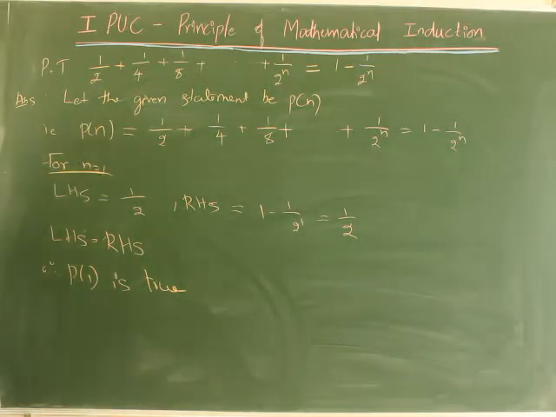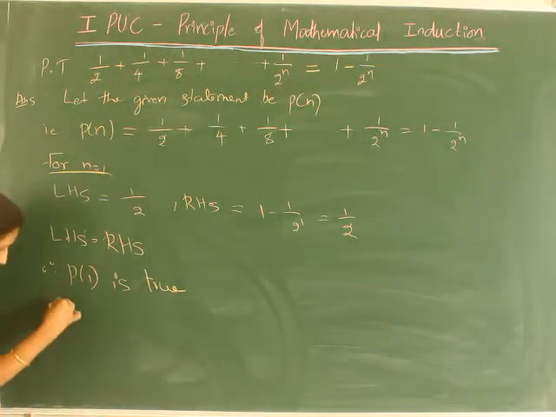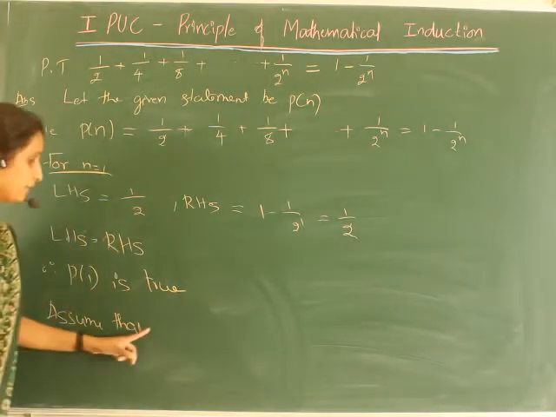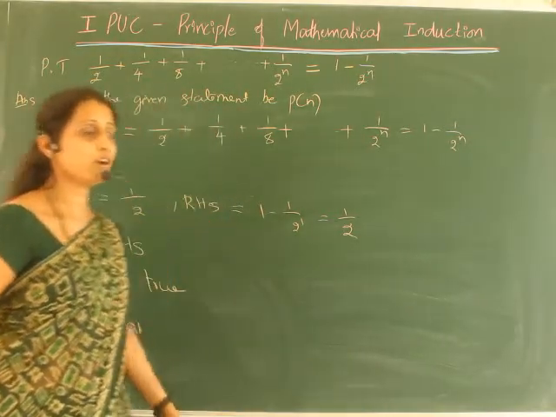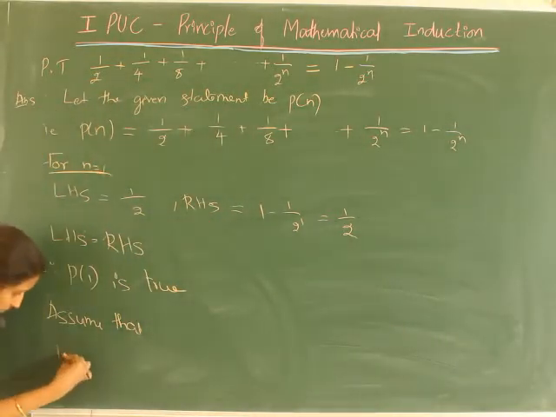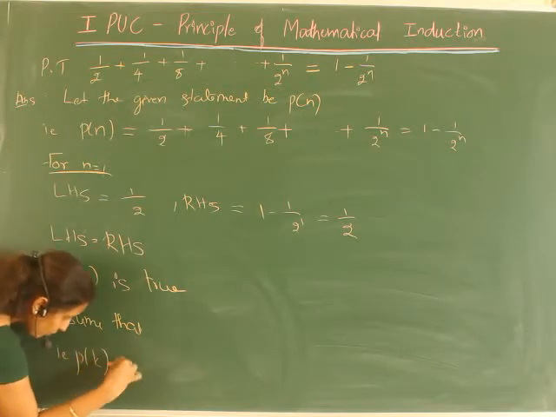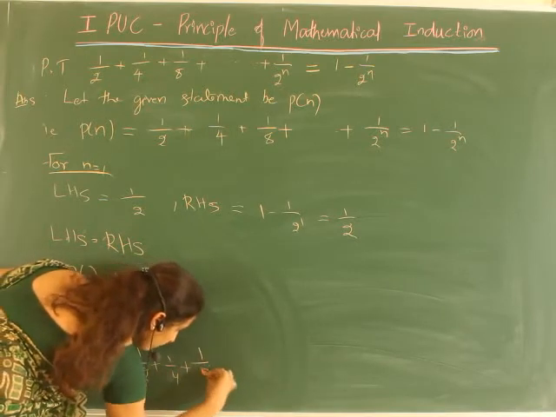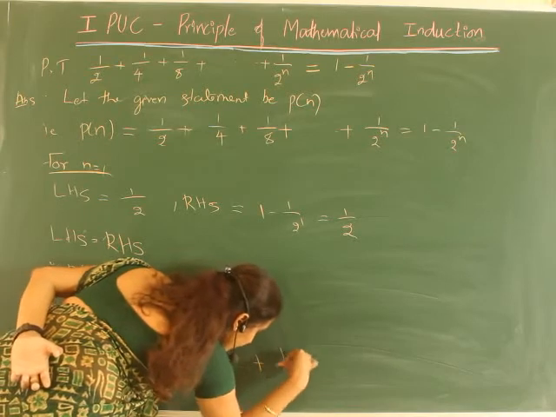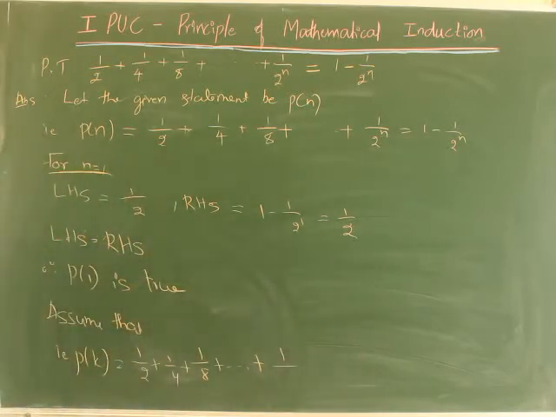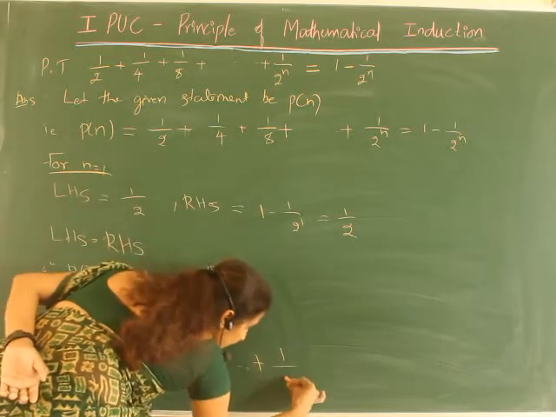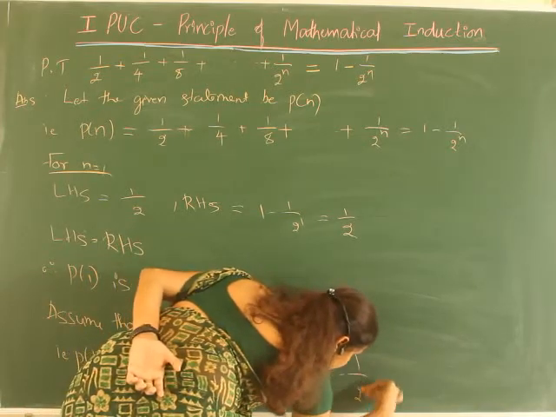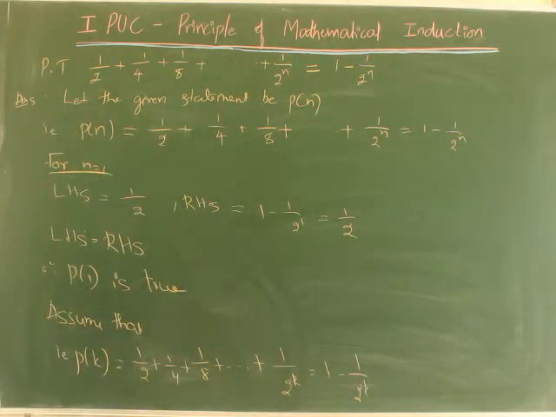I won't write the sentence, you write it yourself: assume that the given statement is true for some positive integer k, that is, P(k) is equal to 1/2 + 1/4 + 1/8 + and so on up to 1/2^k, wherever it is n, we replace it by k, is equal to 1 minus 1/2^k.